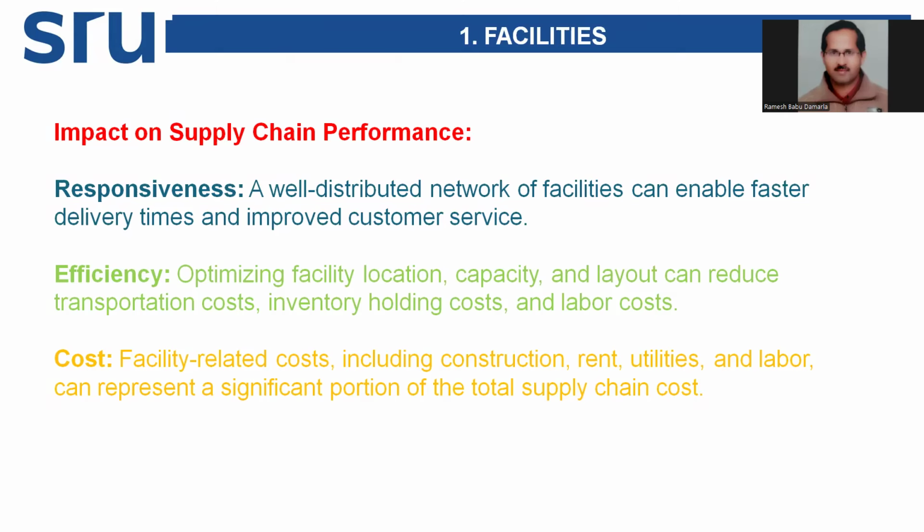Third impact of facilities is cost. So facility-related costs, including construction, rent, utilities, and labor, can represent a significant portion of the total supply chain cost. When you are building for the first time, it is a capital-intensive, one-time expenditure, but a very huge expenditure for construction.